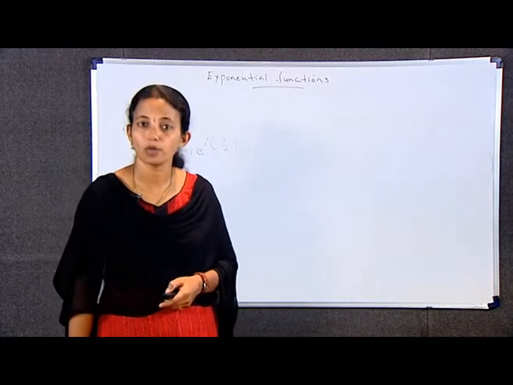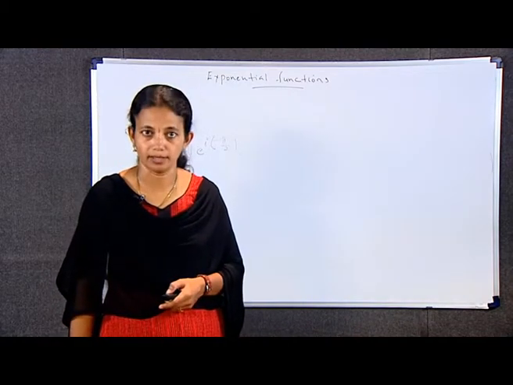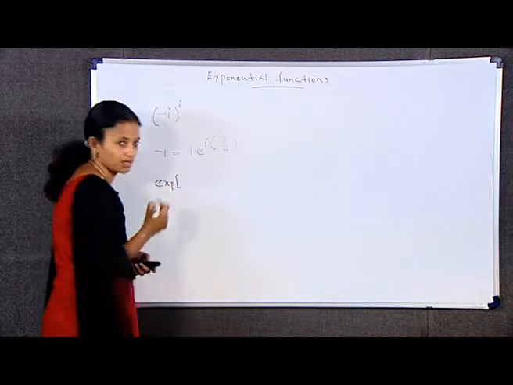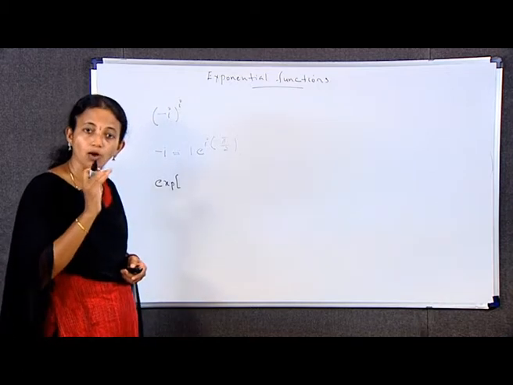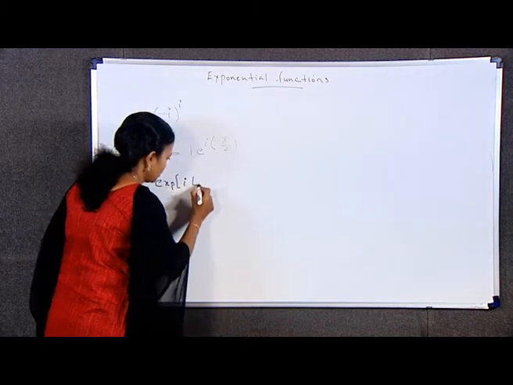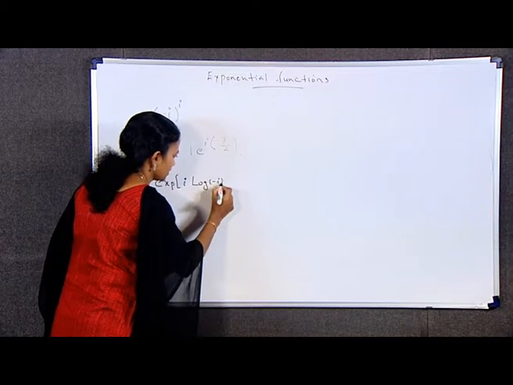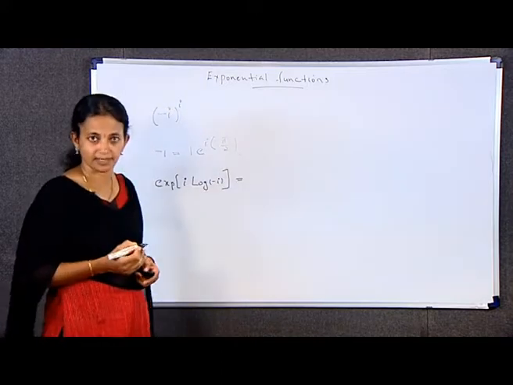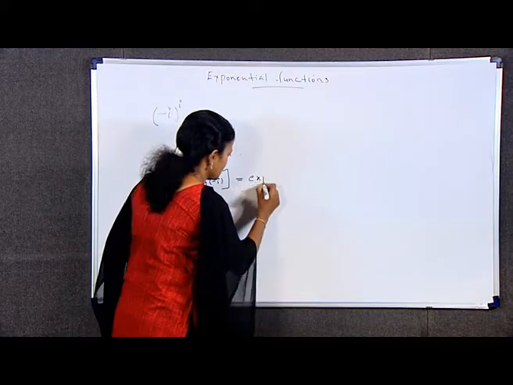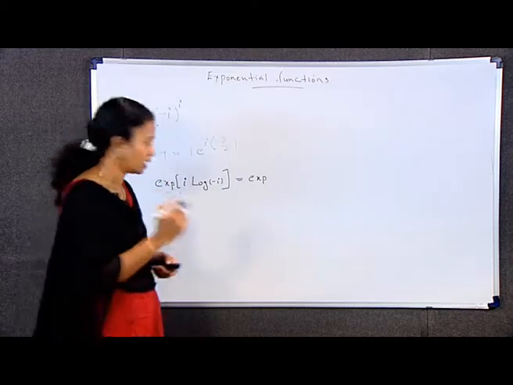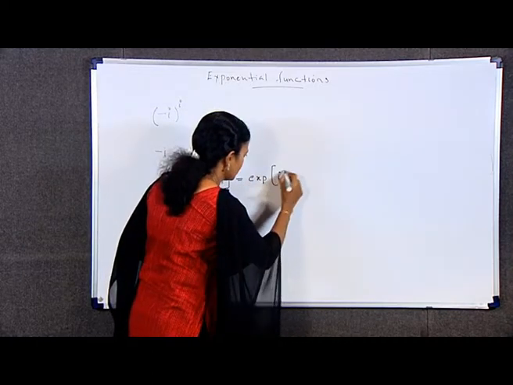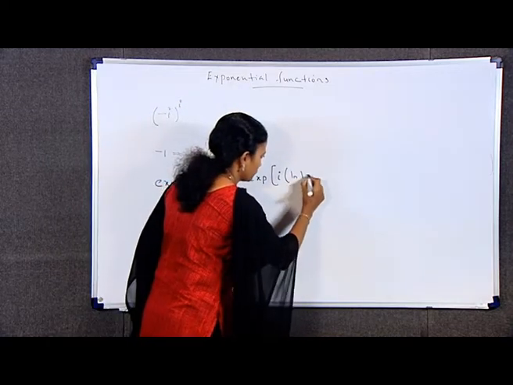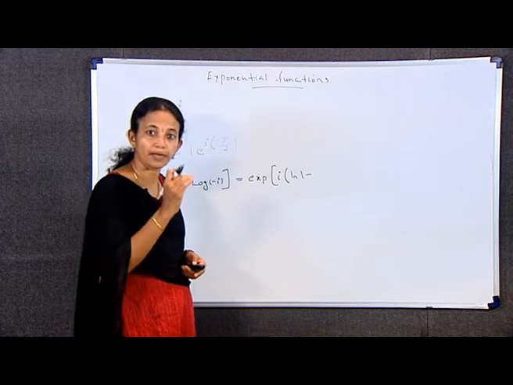The principal value of minus I raised to I is exponential I into log minus I, that is I into capital log minus I. Here we have a bracket which I can write as exp, I into, I am taking I outside, again I have a bracket, I into ln 1 minus I pi by 2.